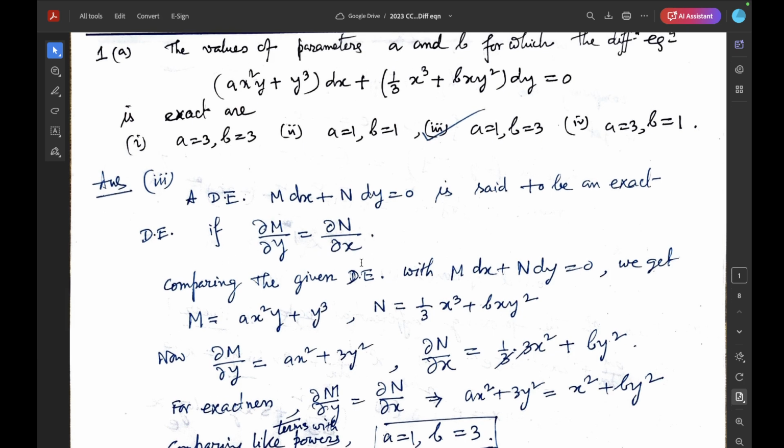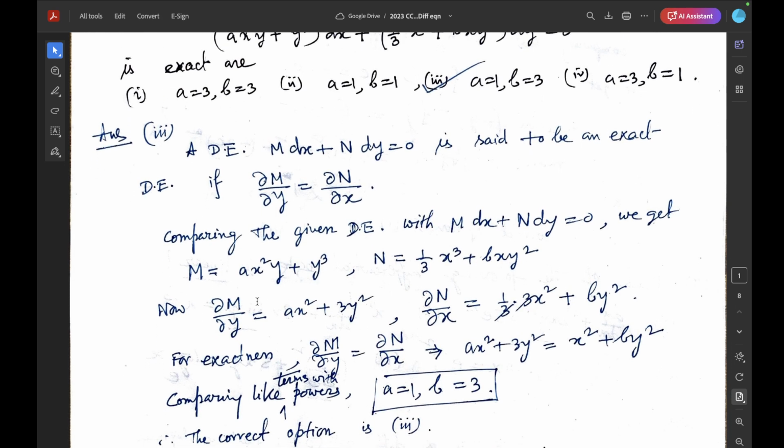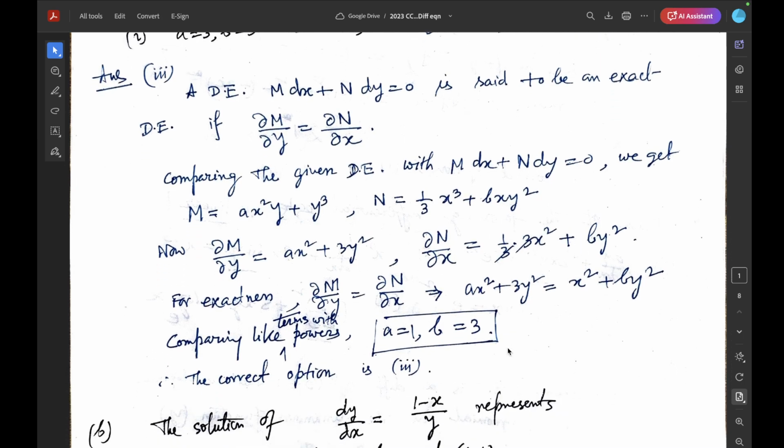Comparing the given equation with M dx + N dy = 0, we get M = ax² y + y³, N = 1/3 x³ + bxy². Then ∂M/∂y = ax² + 3y² and ∂N/∂x = 1/3 · 3x² + by².